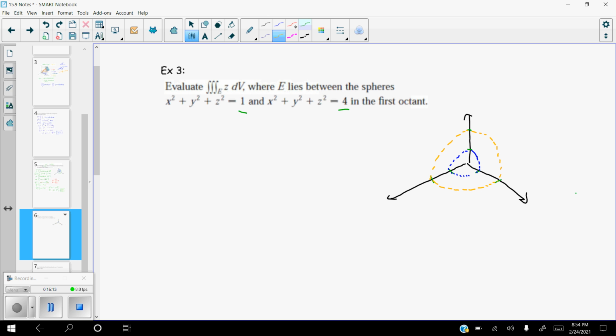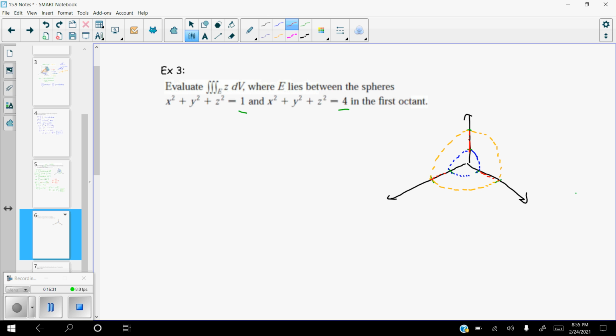And it is connected here, there, and there. So basically, we're talking about what is the mass in between those two spheres, in between those two spherical pieces.